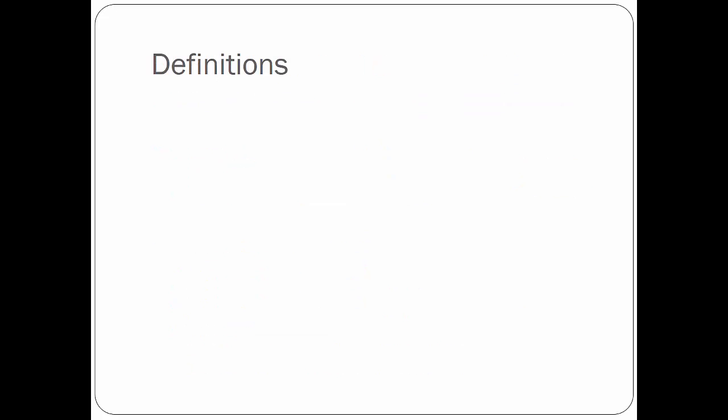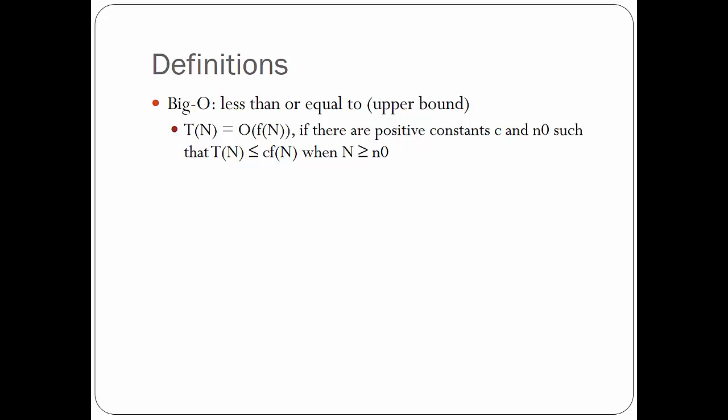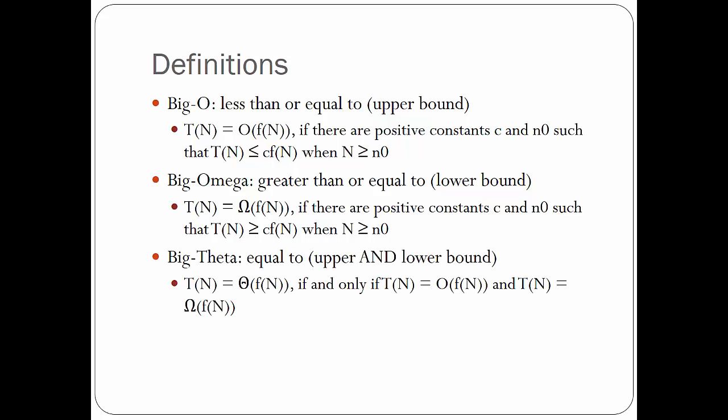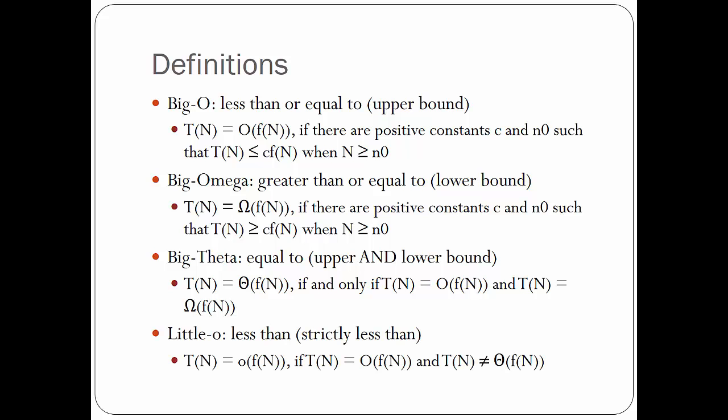There are other ways to compare algorithms too. As we just learned, BigO represents an upper bound. Big omega represents a lower bound, indicating that an algorithm's growth rate is always larger than the big omega function. Big theta represents both the upper and lower bound if they are the same efficiency. Finally, little o represents an upper bound that is strictly less than.